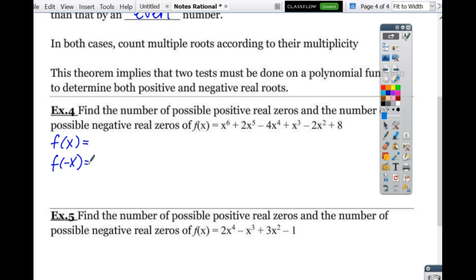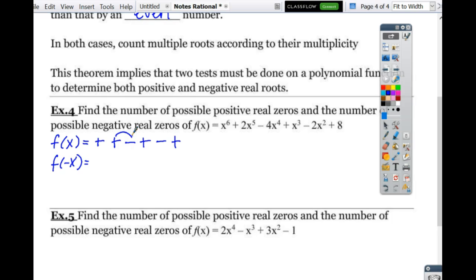So what's the sign here? Positive. Okay, so write that down. What this theorem tells me is the number of changes in the sign is how many possible positives I'm going to have. So the sign goes from positive to negative here.